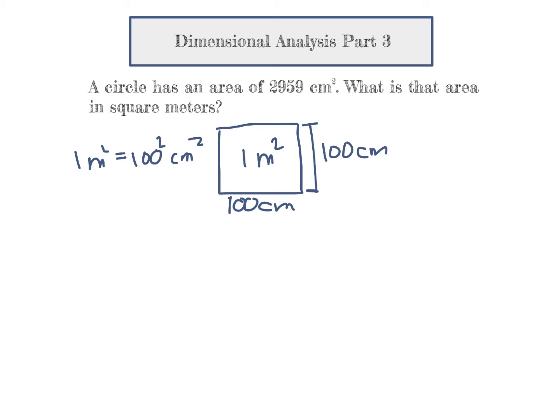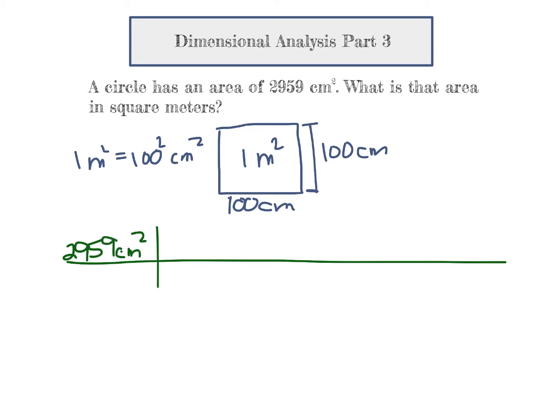Okay, we're ready to set up our dimensional analysis now that we have thought about how to handle our area units. We have 2,959 centimeters squared. And we want those to turn into meters squared. So I will do my 100 squared centimeters squared and my 1 meter squared.